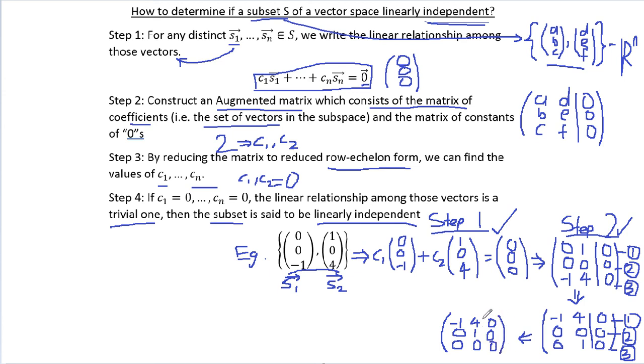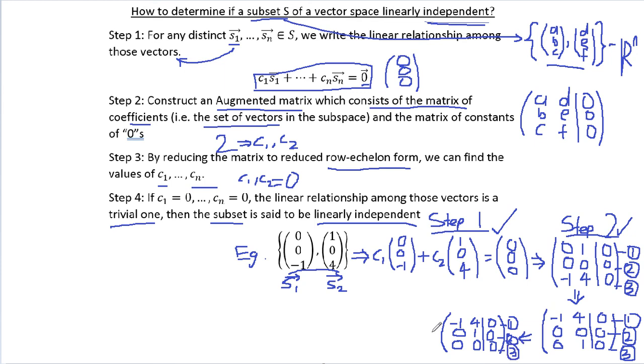Now the final step is to make our leading entries into 1. As you can see, for the first row, the leading entry is minus 1. How do we make it 1? We multiply row 1 by minus 1.